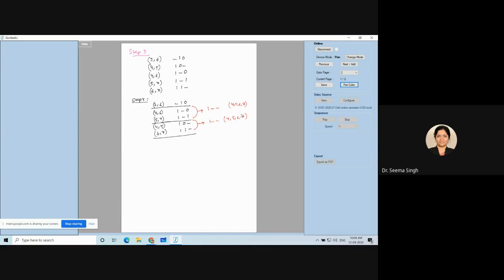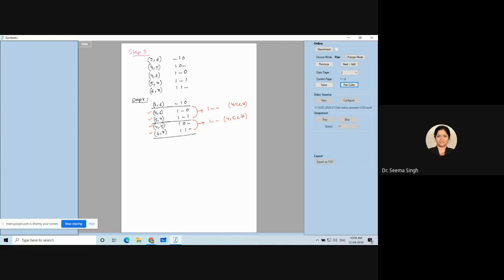Now when I do such grouping, I put a tick on it that I could group it somewhere. And when I group it somewhere, then I understand that this becomes my prime implicants.